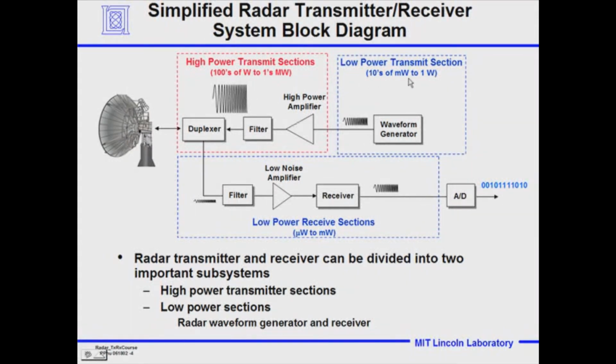It will go from the order of fractions of a watt up to thousands and millions of watts. So that amplifier makes the signal much, much larger. And then the echo that comes back is tiny, very, very tiny. Millionths of a watt, microwatts to milliwatts. And then it is amplified and received, as I mentioned earlier.